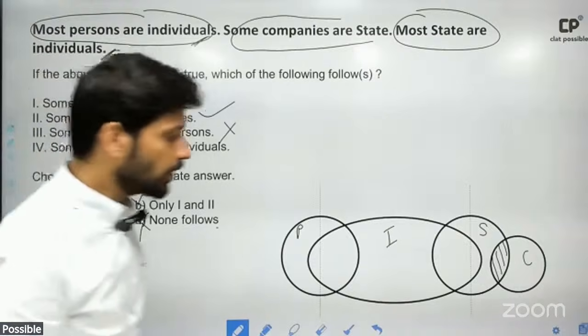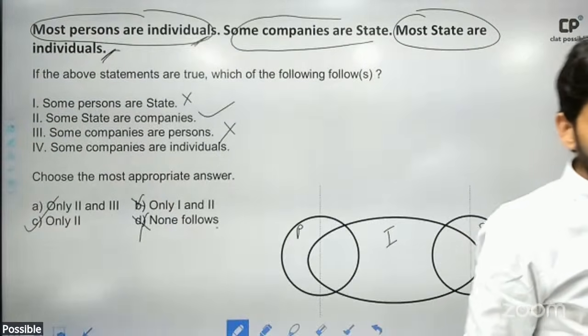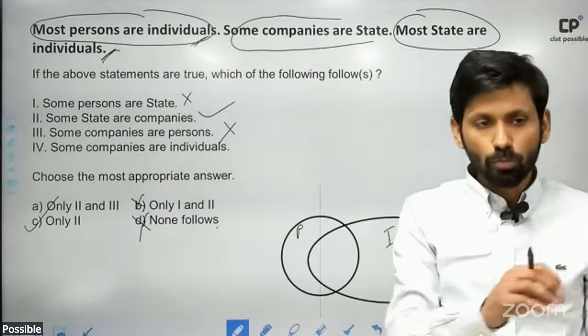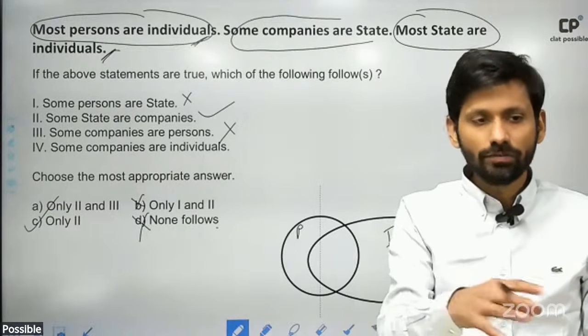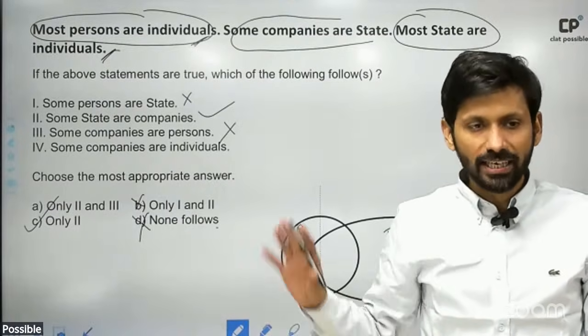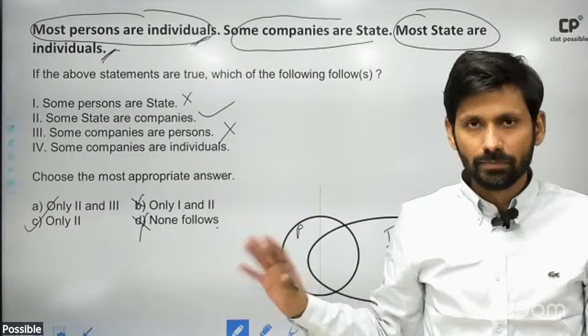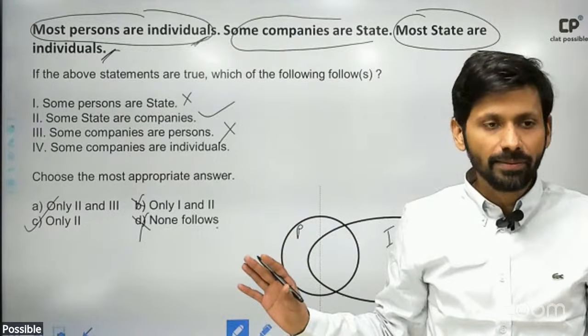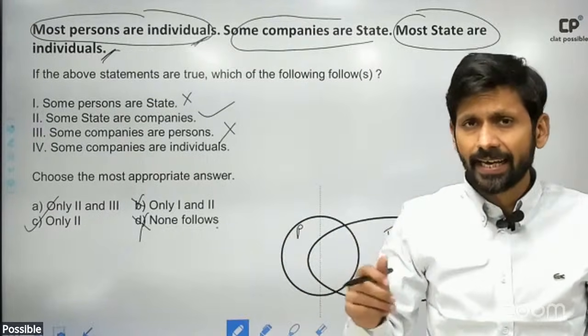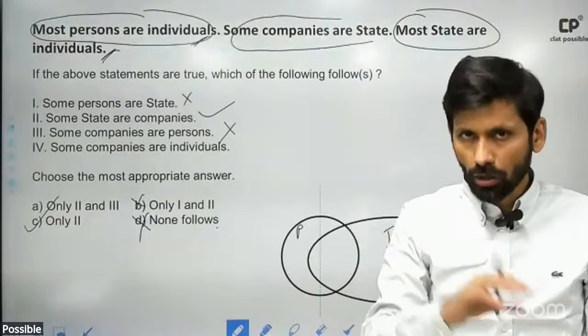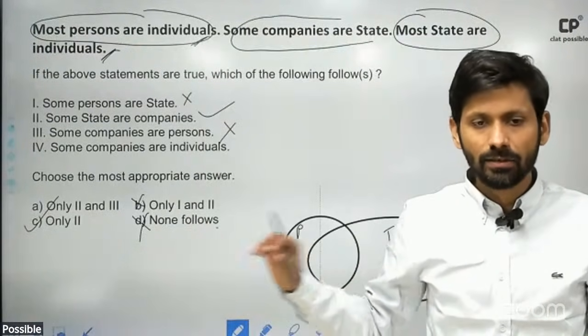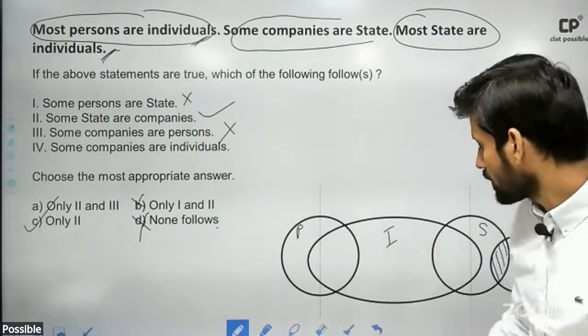Okay. Now, let's solve a couple more questions, right? So the most-type concept forms up, okay? And we'll take 1 or 2 questions from previous years and 1 question of my own, okay?